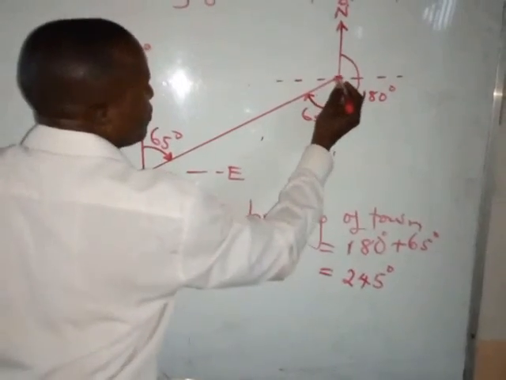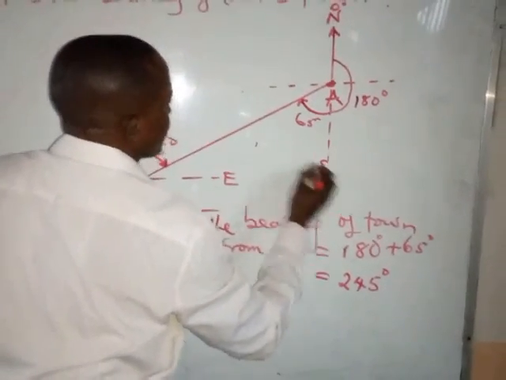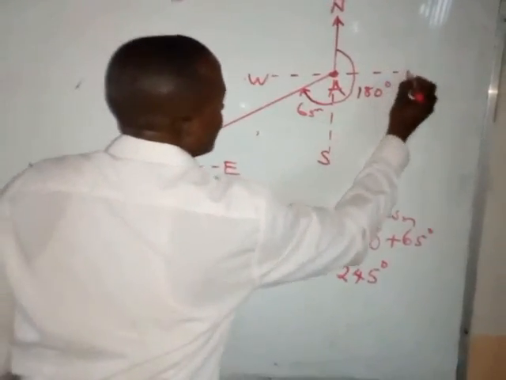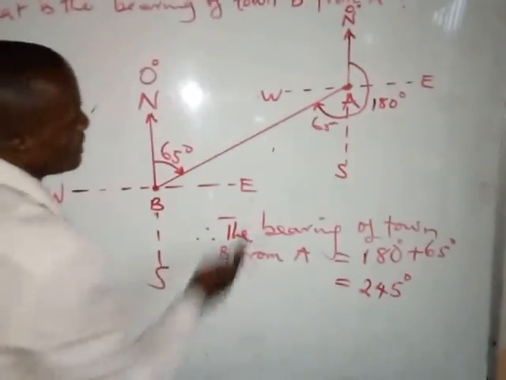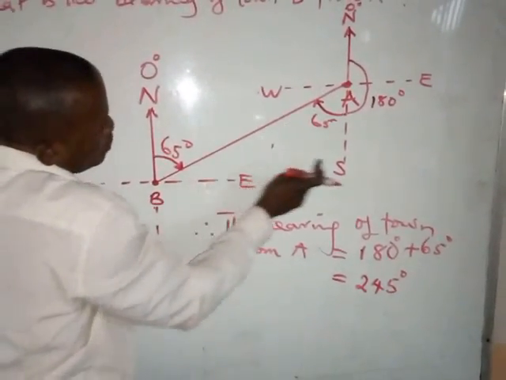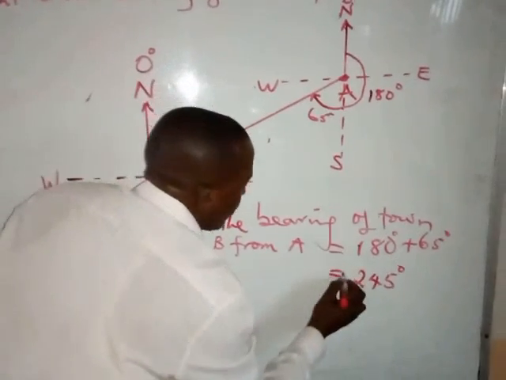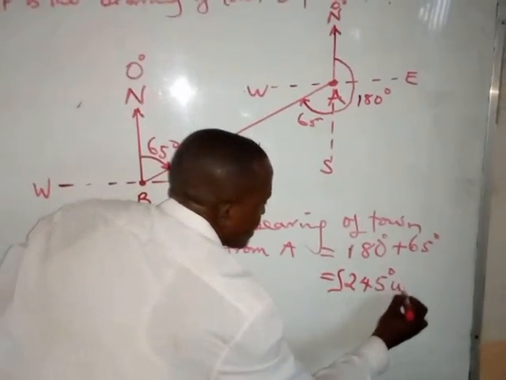Now, observe, you know this is north, this is my south, this is my west, and this is my east. What is the direction? The direction of this line is between south and west, so I'll write this as southwest.